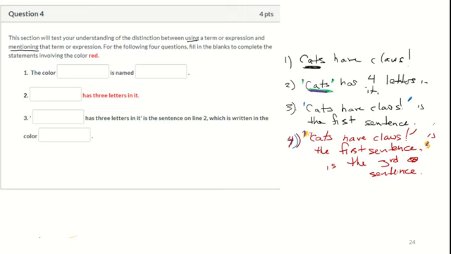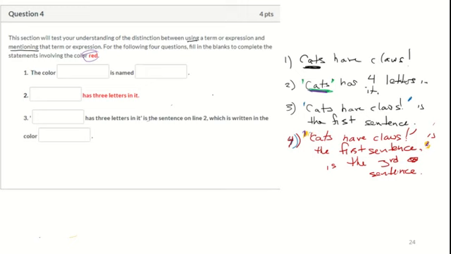Ultimately, what's being asked here is for you to fill in these blanks in a way that makes them true. There's a bunch of statements about the color red, and you want to fill these blanks in a way that will make these sentences true.